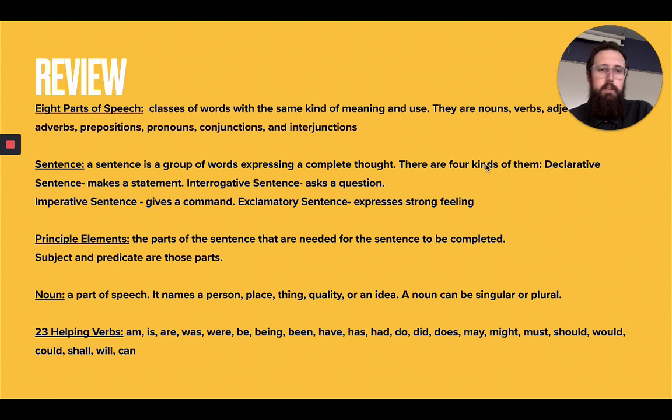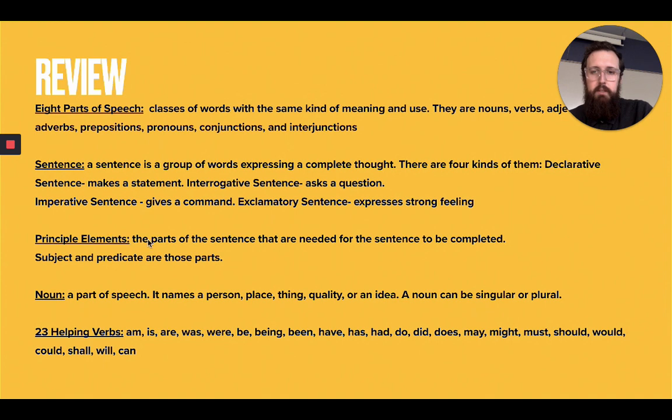There are 4 kinds of them. A declarative sentence makes a statement. An interrogative sentence asks a question. An imperative sentence gives a command. An exclamatory sentence expresses a strong feeling. That should be reviewed from our lesson on Monday.